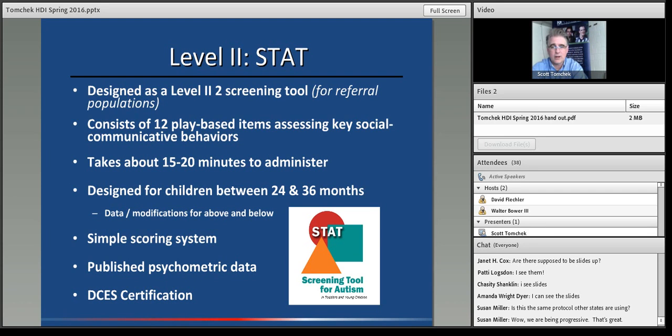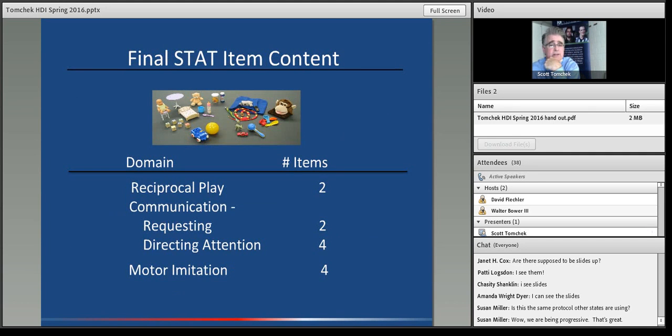So quick, 12 items, pass, fail, or refused, scored based on the child's best performance. Okay, and again, easy scoring. Depending on the number of failures of those items, you get a score. For kids 24 to 36 months, a score of 2 or above is considered at risk.